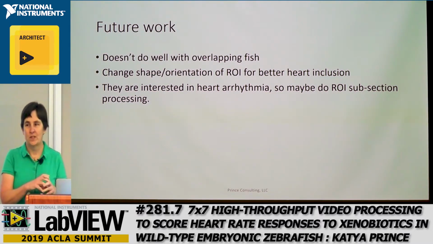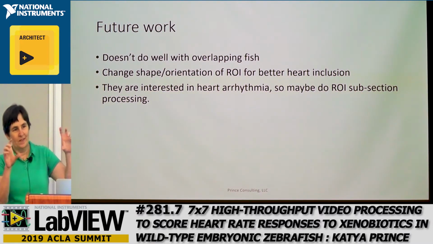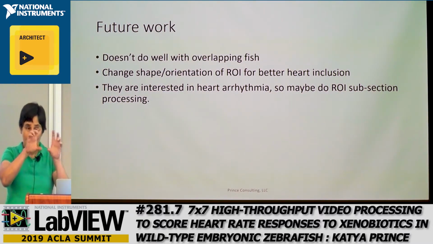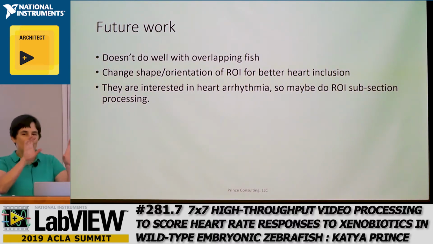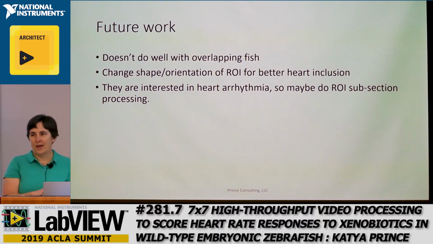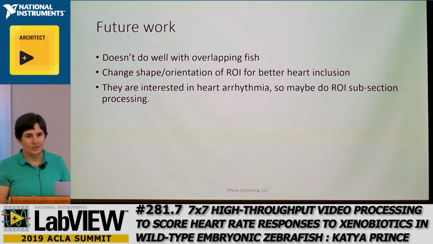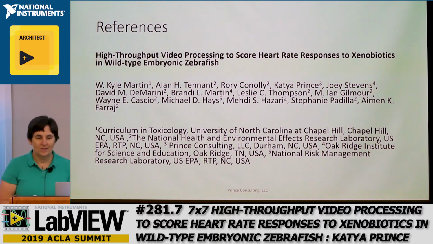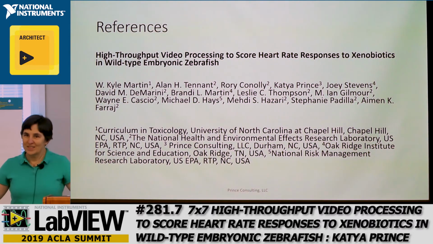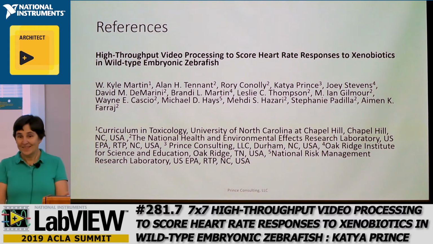I'd like to be able to change that region of interest, the shape, instead of necessarily being a rectangle, maybe make it more of a toroid. And then they were also interested in heart arrhythmia. So be able to maybe look at a subset of the region of interest to look at heart arrhythmia. And this was the paper that came out of that. So anyway, any questions? That's it.